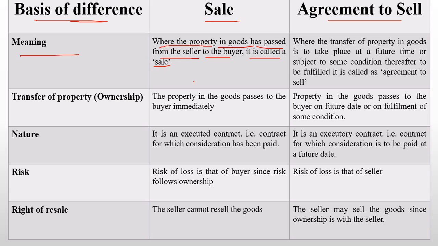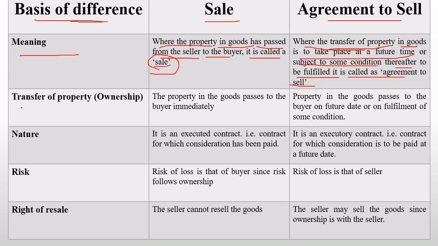So when the ownership of goods has immediately passed from seller to the buyer, it is called a sale. Agreement to sell means where the transfer of ownership in goods is to take place at a future time or subject to some condition thereafter to be fulfilled, it is called an agreement to sell.